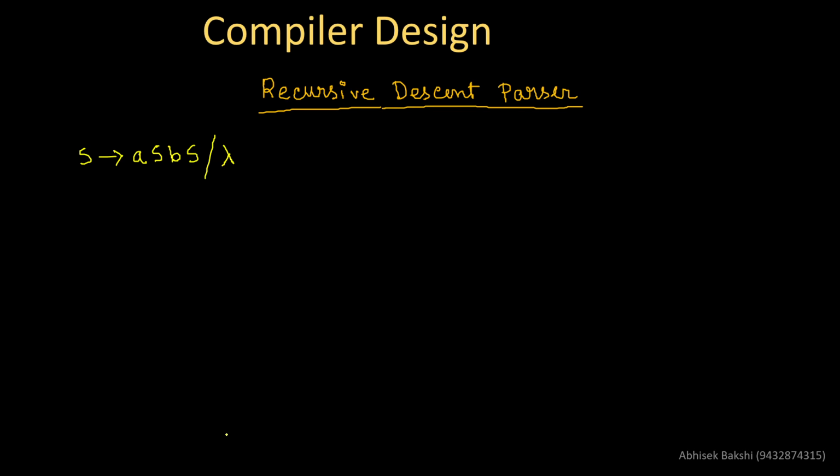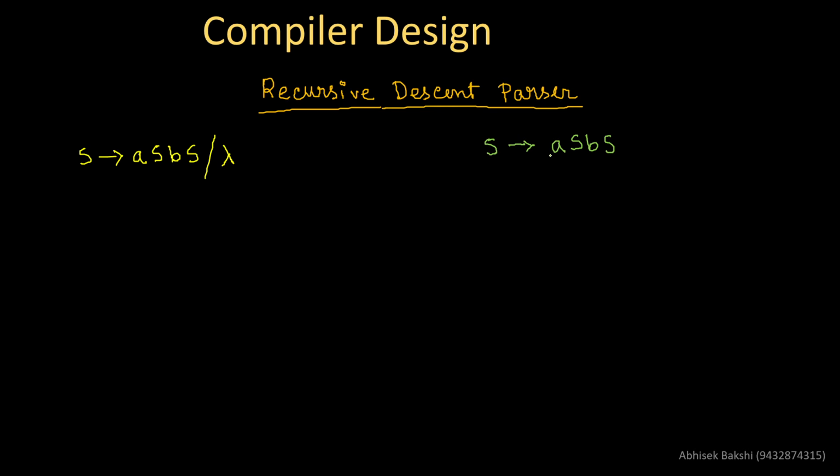Using this grammar, if we start deriving a particular string, what can be a particular string from this grammar? Let's try to write it from the very beginning. So S can be written as ASBS, as we have seen.